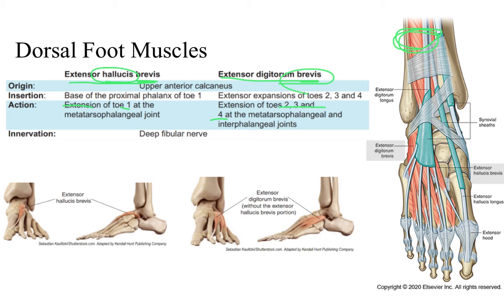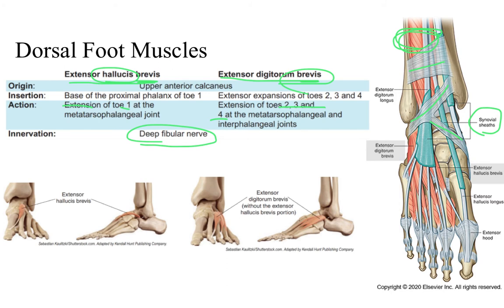And then just like the muscles of the anterior compartment of the leg, these are innervated by the deep fibular nerve. The other thing I want you to notice is that when you have these retinacula holding tendons in place, more often than not you will see synovial sheaths covering the tendons as well.